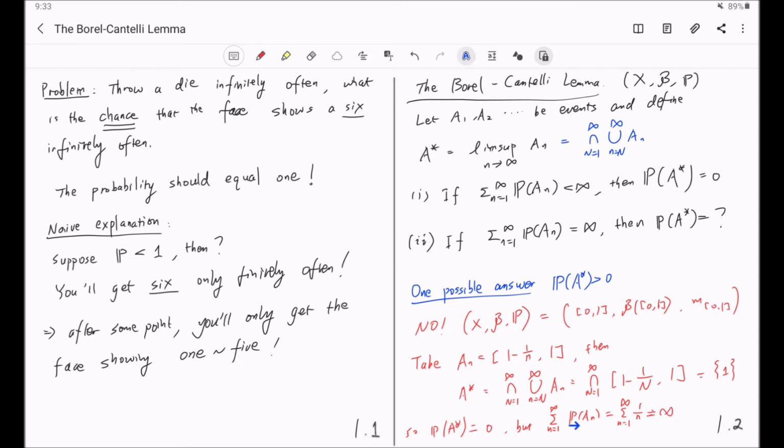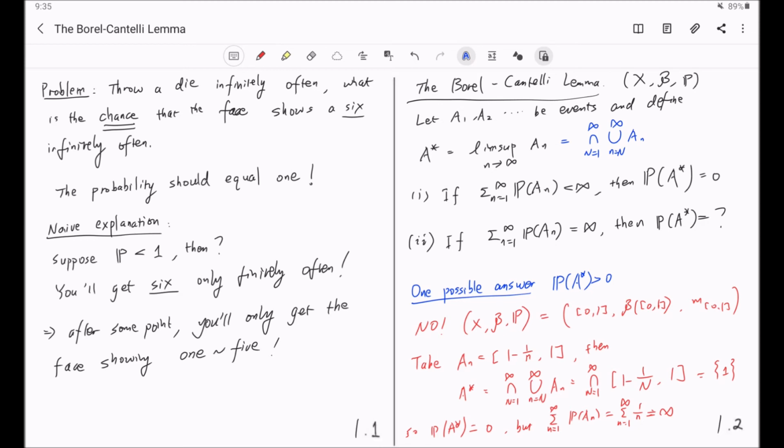So, although you have a summation equal to infinity, you still get the probability 0. So this is not necessarily greater than 0. It could be equal to 0, even if the summation of the probabilities is equal to infinity. Okay, so this possible answer is wrong.